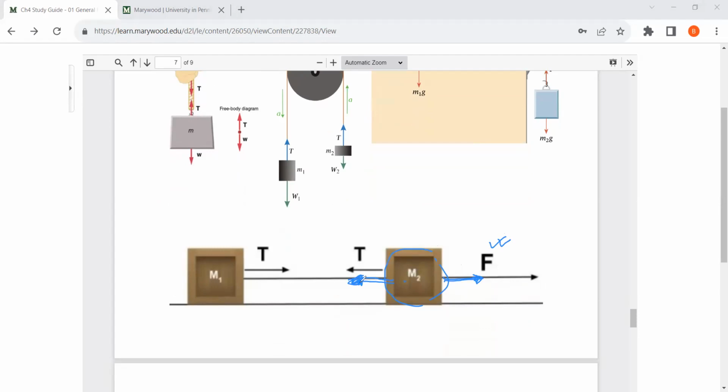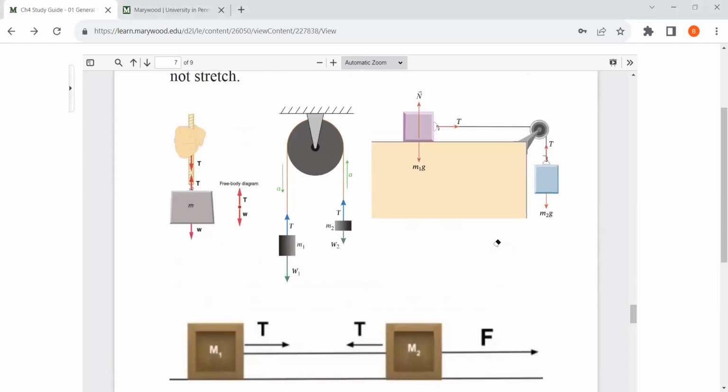Now, how about the other problem? For example, in this one I don't have an applied force, but the gravitational force is applied to this string.